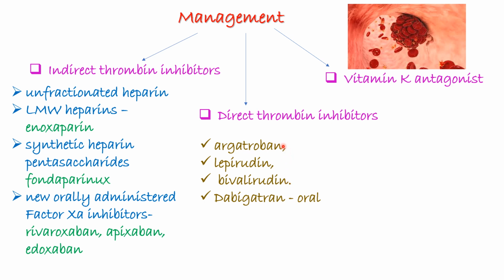The first three are IV medications, and the last one is oral. The indirect thrombin inhibitors are IV or subcutaneous medications, and the new orally administered ones are obviously oral drugs.